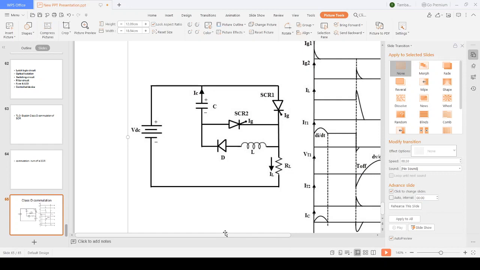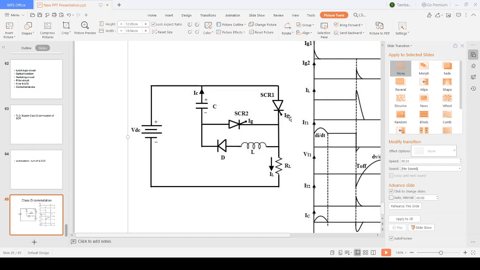At that time SCR1 is triggered, SCR1 is turned on. There are two different currents flowing in the circuit, the load current and the discharge current of the capacitor IC, and they have a sinusoidal nature.